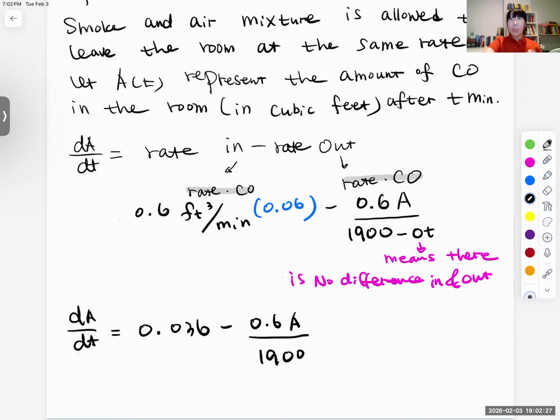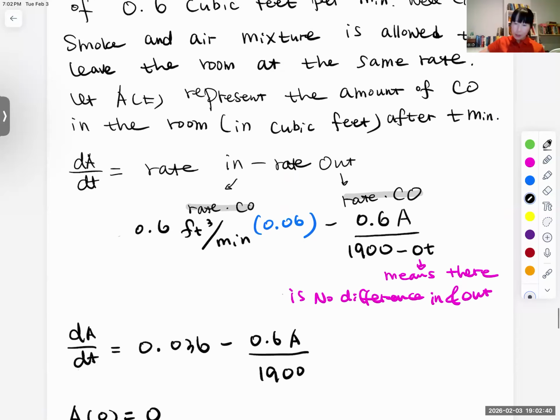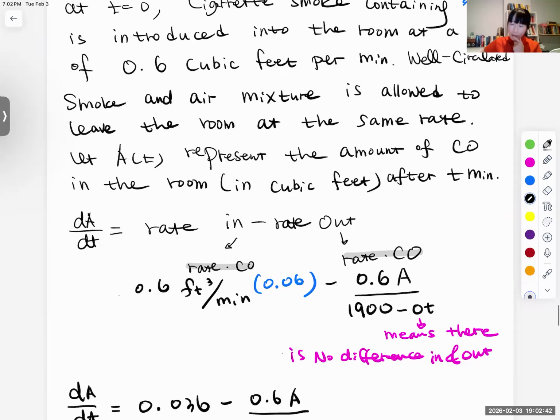Okay, what about the initial condition? So that means A of 0 equal to 0, right? Because we talk about A of T representing the amount of carbon monoxide in the room.